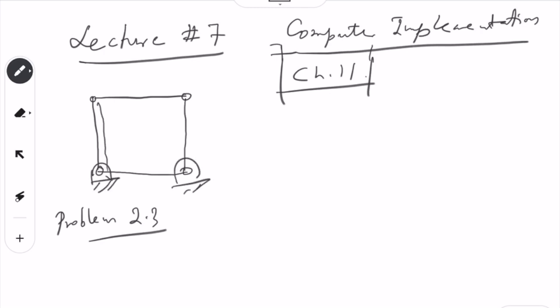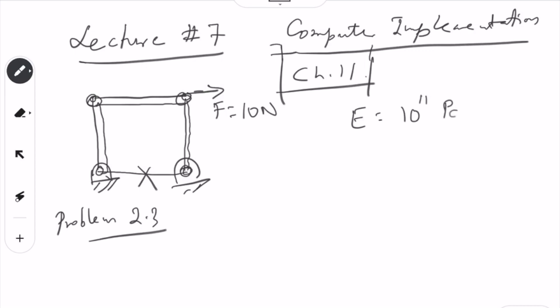So you have one bar here, another bar here, a third bar here. These are joints, and there is a force here, F equal to 10 Newton. E is given equal to 10 to power 11 Pascal, and area is also given. Area is equal to 2 times 10 to power minus 2 meter square.